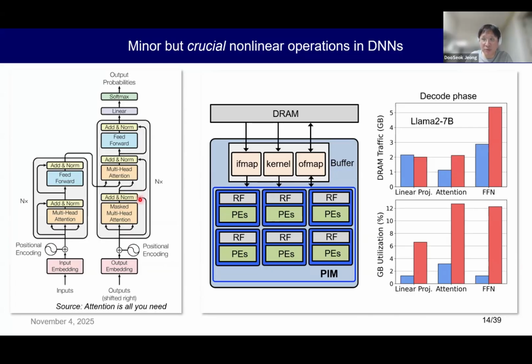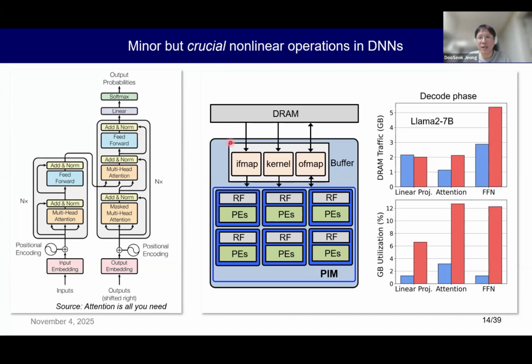In the traditional transformer, they used layer normalization, but these days RMS normalization. Anyway, both are nonlinear operations. And you have normalization again here. Also, you have softmax, and you have normalization, and here you have the activation function. But these are minor in terms of the amount of operation if you compare them with the major workload, which is matrix or matrix-vector multiplication. But you need them, right?